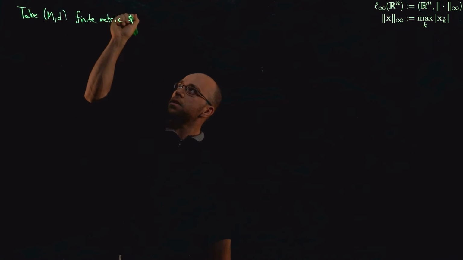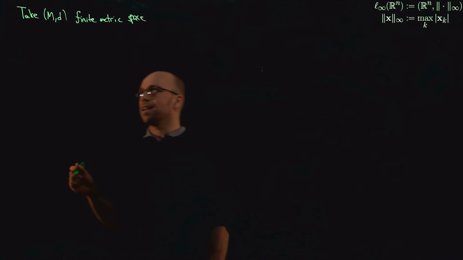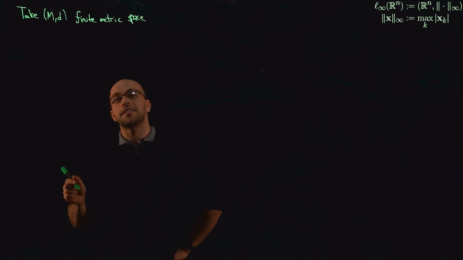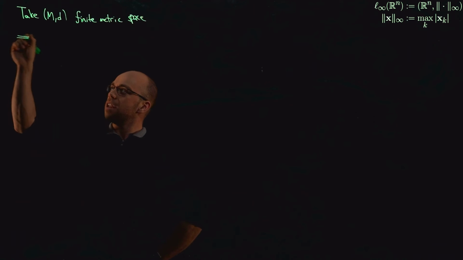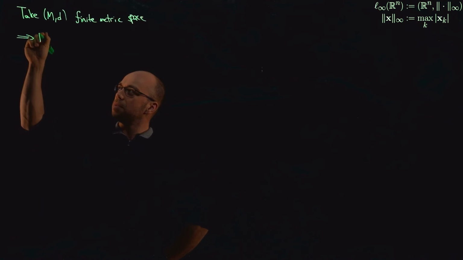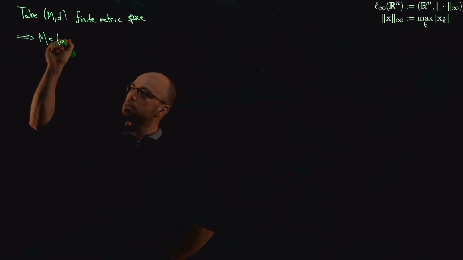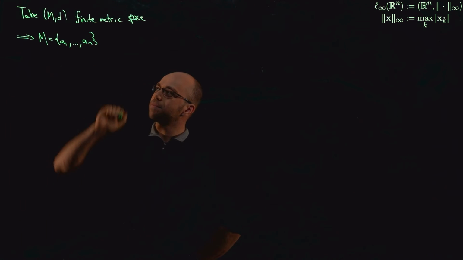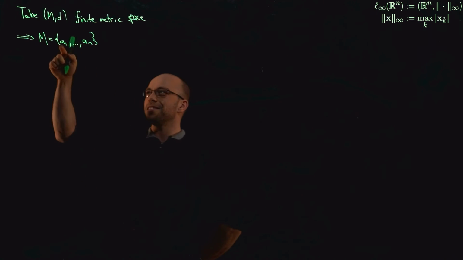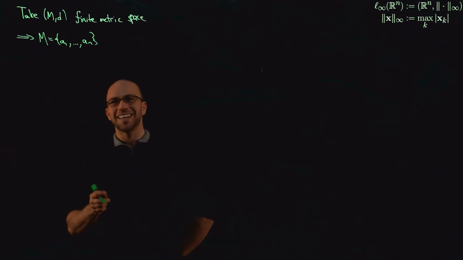So in particular, we can explicitly write out a list of the elements of M, and we'll assume that there's n of them, right? So we know that we can write M as a set {a1, ..., an}. Sorry, it's hard to erase on the board, so that's the set symbol for today.